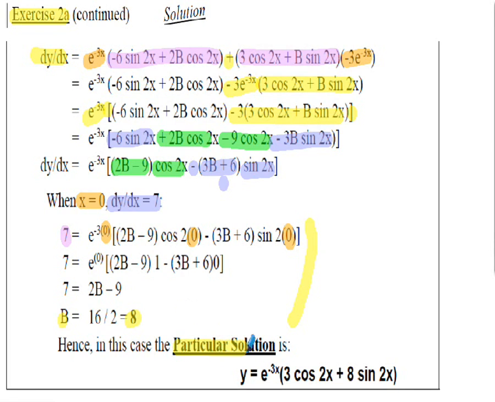So our particular solution for this problem is y is equal to e to the negative 3x, and in brackets 3 cos 2x plus the 8 sine 2x. Again, I would encourage you to review that slide at your own pace, clearly understand how we place the values into the product formula, simplified, solved for constant b, and then stated the particular solution.